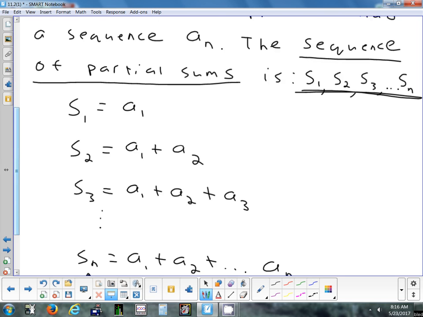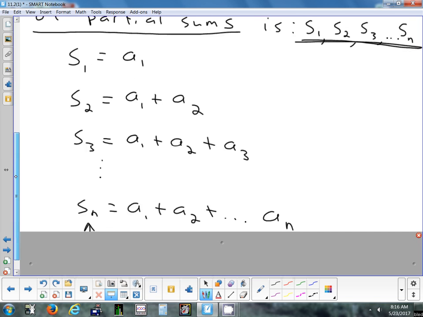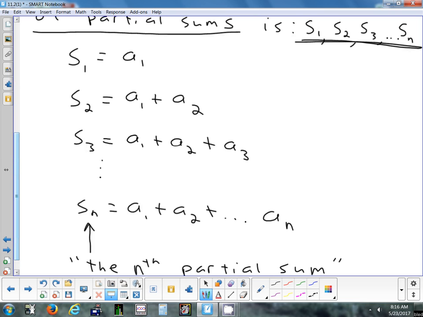And then the nth partial sum would be the sum of the first n terms. So, any questions on the idea of a sequence where each term in the sequence is a sum?